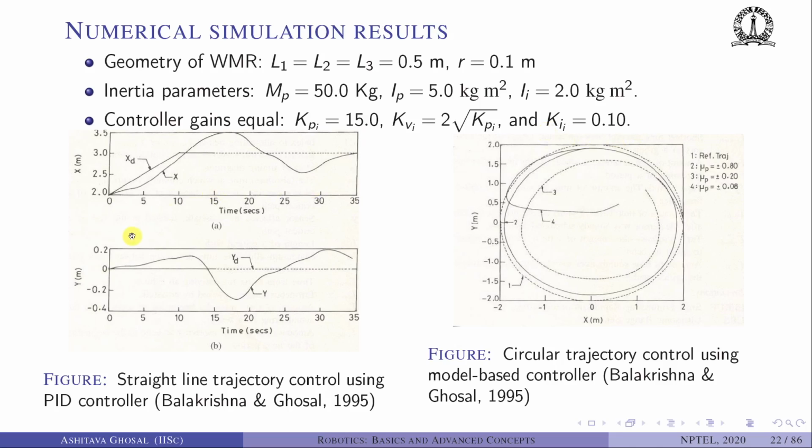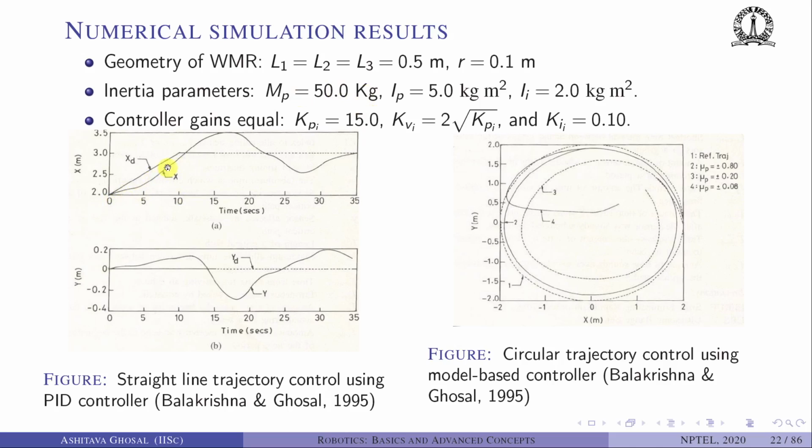Okay, so then we can see what the mobile robot is doing with this choice of controller gains and this choice of control. So if I want the XD to go up in a ramp like this and stay at the same place, what is this particular controller doing?